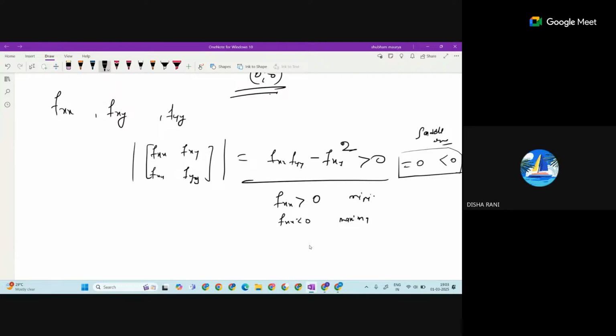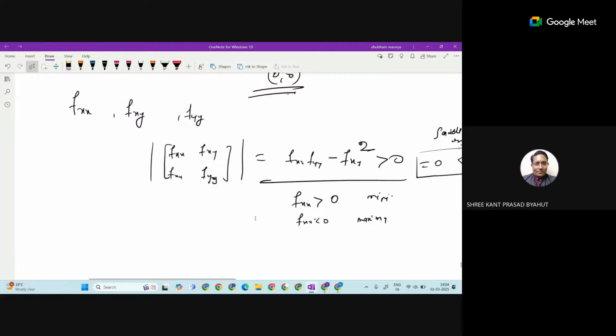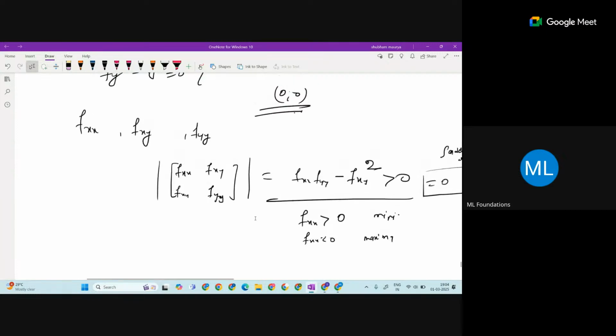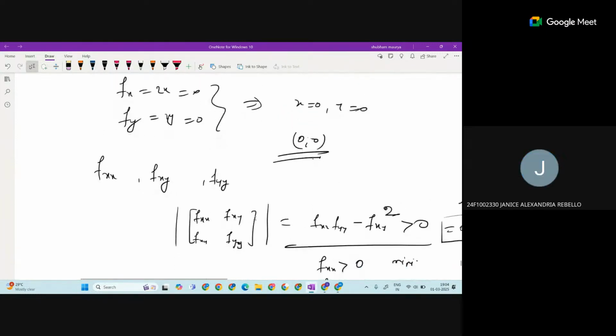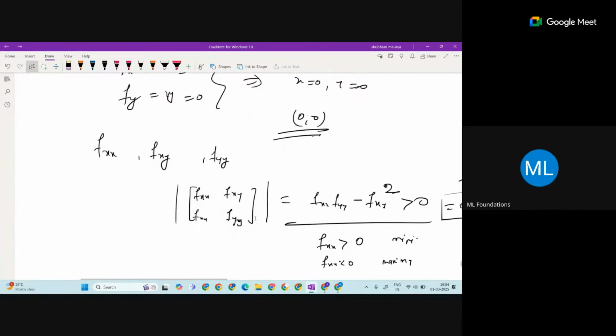So what was the value of fxy? First, we have to check the determinant, no? What is the value of fxy? The second derivative of fx with respect to y. So here at the critical point, how do we find fxy?